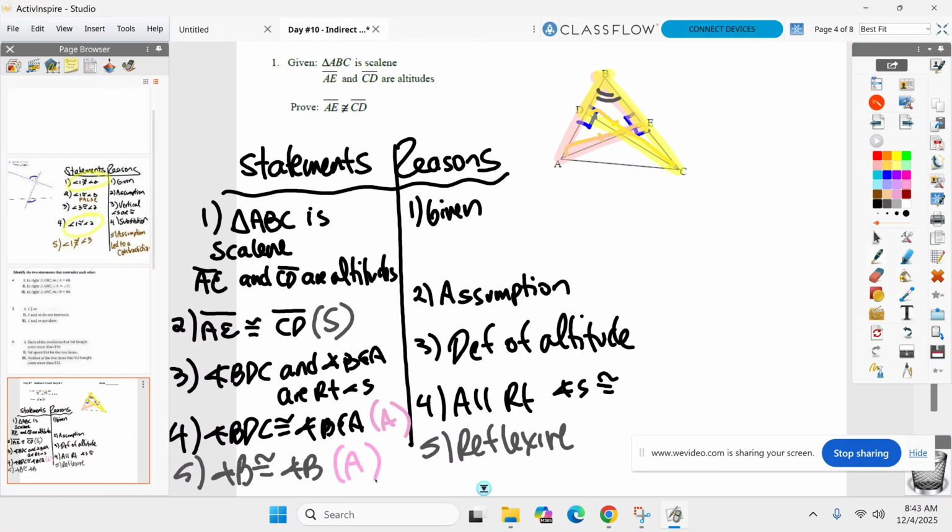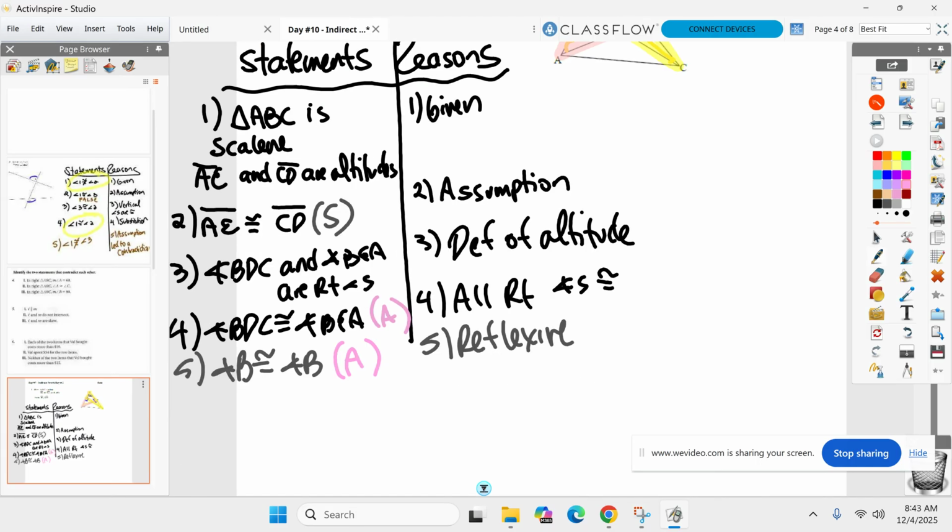Got it? And now it's a matter of, is it angle side angle or angle angle side? I'll get to that in a second. You guys can think about that as we are writing the congruent statement up here.